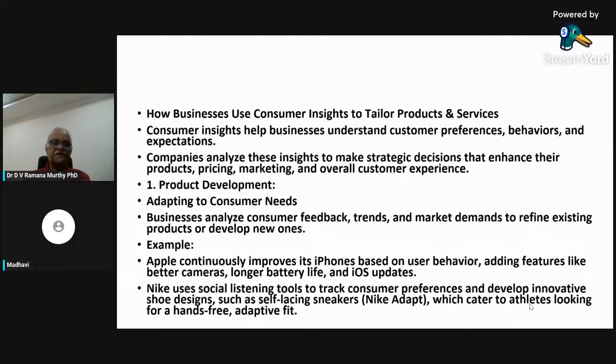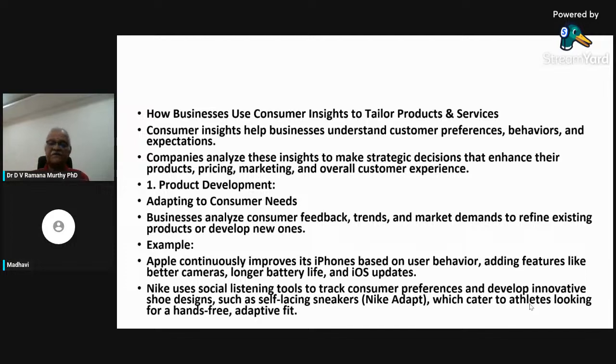So most businesses analyze consumer feedback, trends in the market like competitors, and market demand for that product. This data will help to refine existing products or develop new ones, because products will have a life.